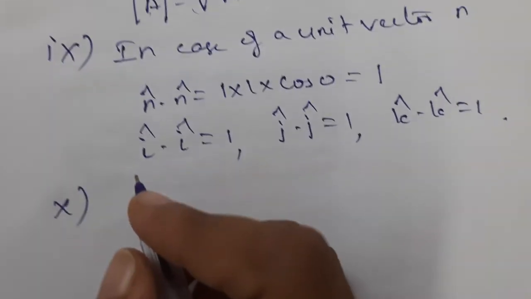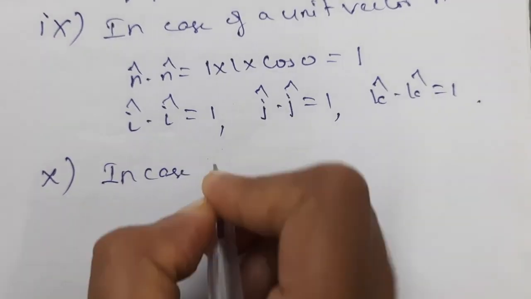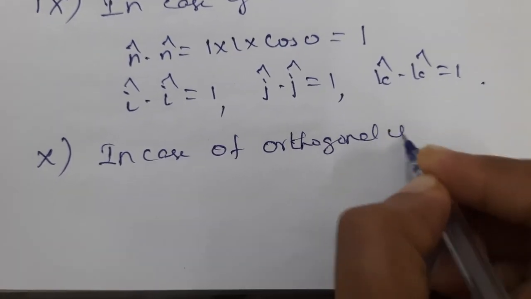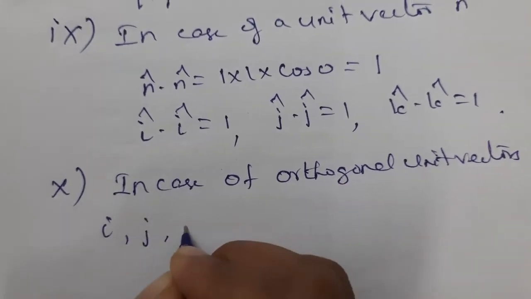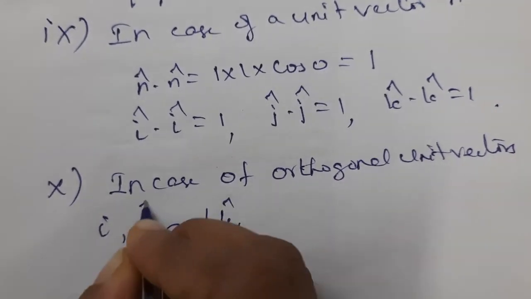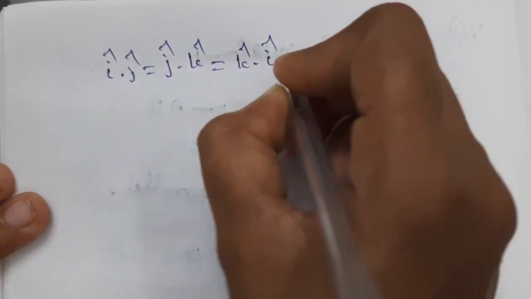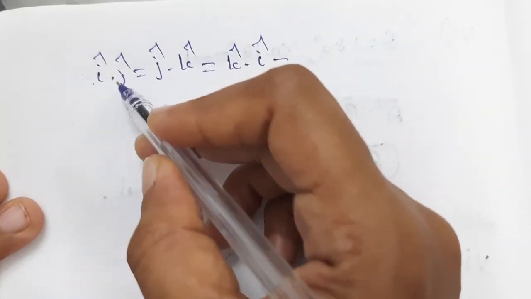Next point. In case of orthogonal unit vectors, that is I, j and k, I dot j equal to j dot k is equal to k dot I. The angle between I and j is 90 degree.